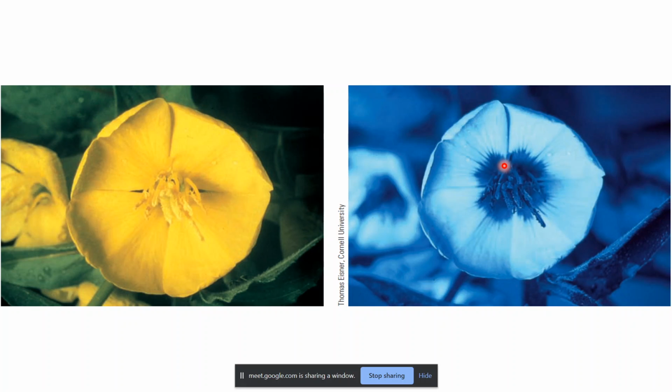The carrion flower, for example, is pollinated by flies and smells like the rotten flesh in which flies lay their eggs. As flies move from one reeking flower to another, looking for a place to lay their eggs, they transfer pollen grains.